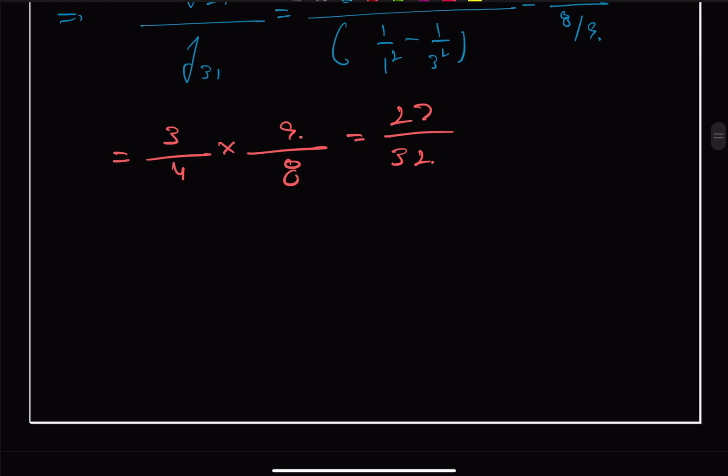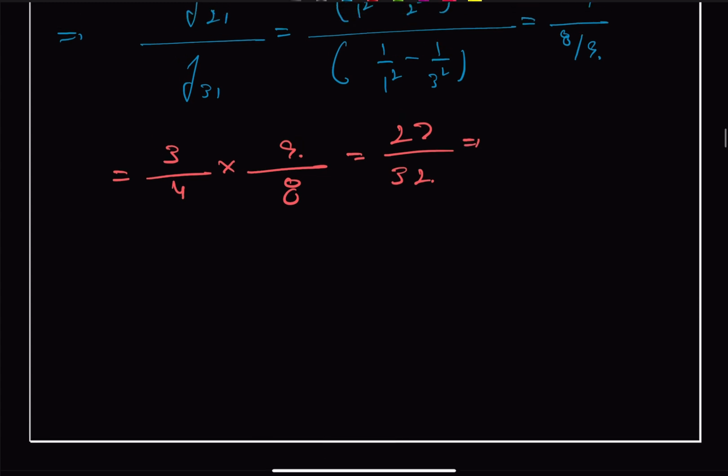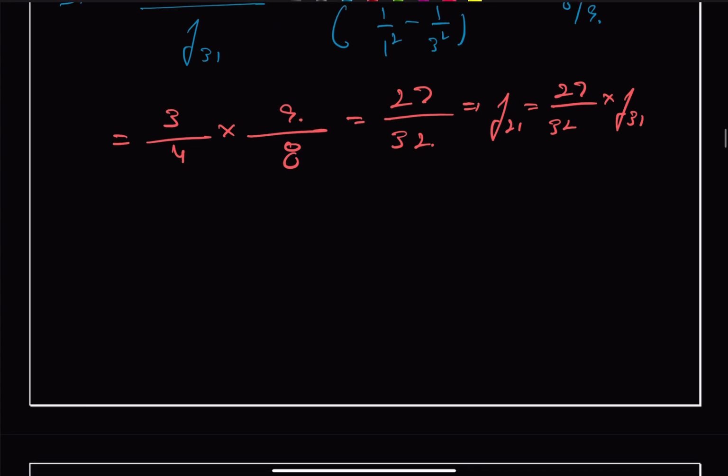So from here we can write that our f21 will be equal to 27/32 multiplied by f31, whose value is known to us.